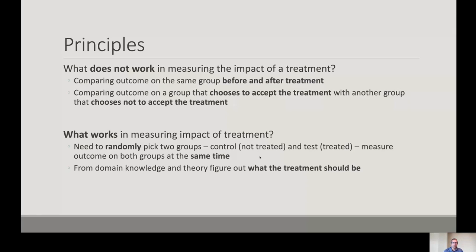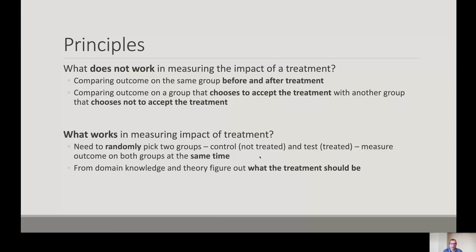And if we go back to the example that we were talking about just now, companies that have higher brand strength may choose to accept the treatment, which means they will choose to advertise. And companies with a lower brand strength will choose not to advertise. And so this creates a systematic difference between the treatment group and the control group.